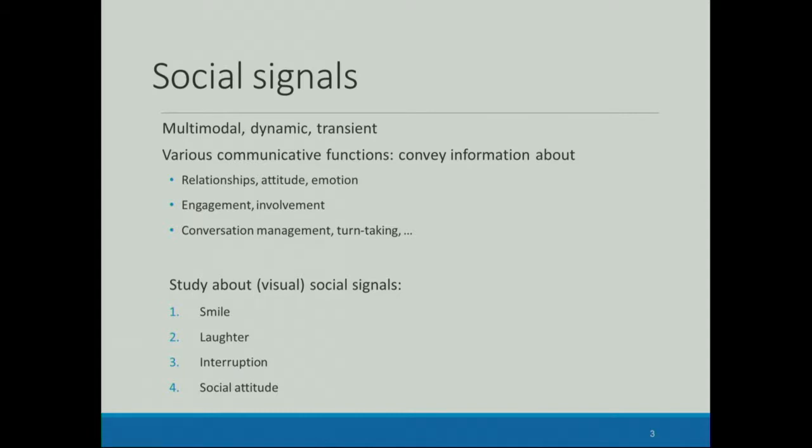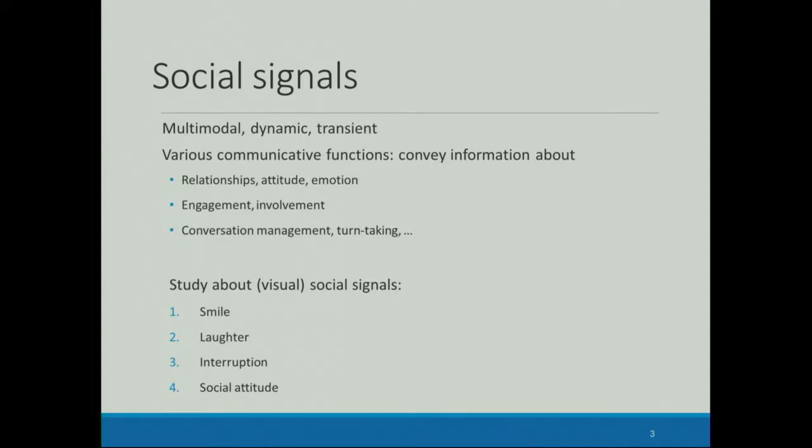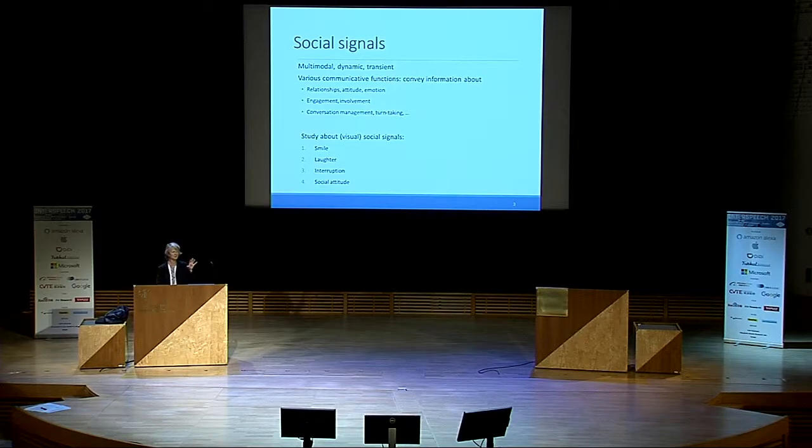They can also be used for conversation management, like turn-taking, interruptions and all that. So I'm going to focus on four different types of social signals that we've been studying over the years: smile, laughter, and, lately, what we're currently working on, interruption and social attitude. So let me go through each of those topics.